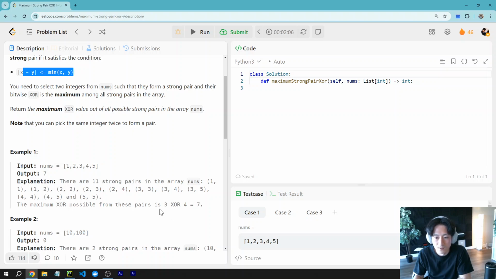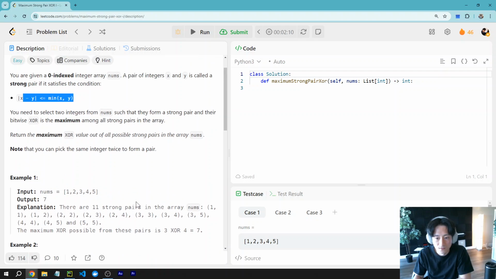What I'm thinking right now is just brute force. If we go to the brute force approach, it's going to be able to solve this.